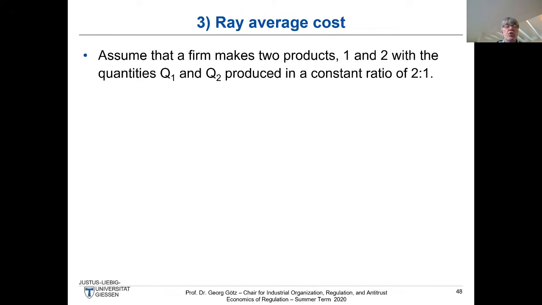Ray average cost assumes that a firm makes two products, the Touran and the Polo, in a given ratio. Suppose all of the cars Volkswagen makes are made up of two parts Polos and one part Touran.